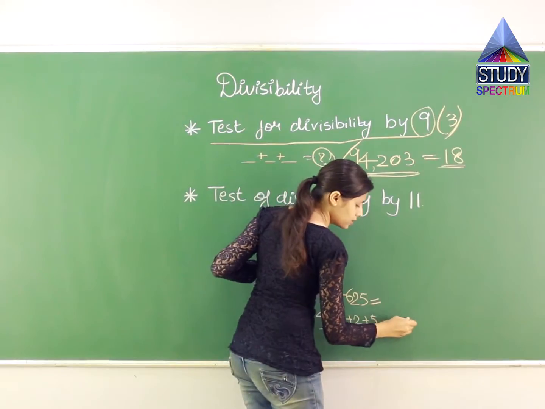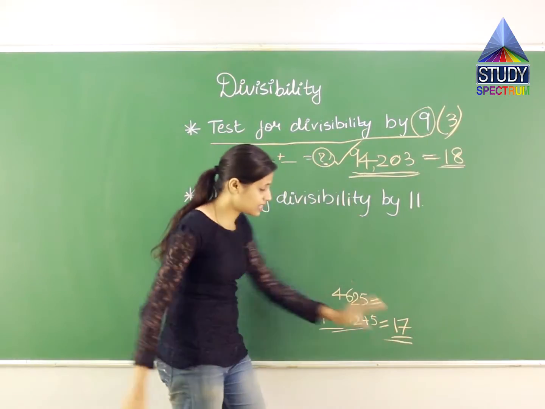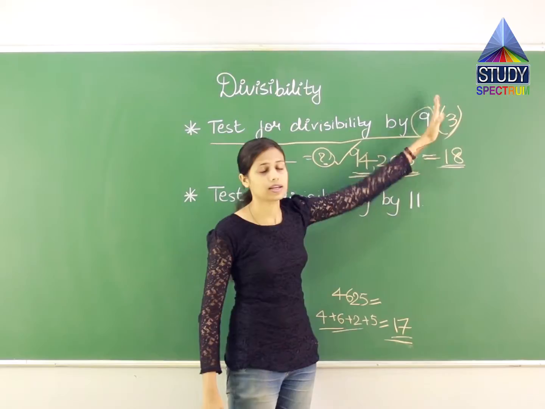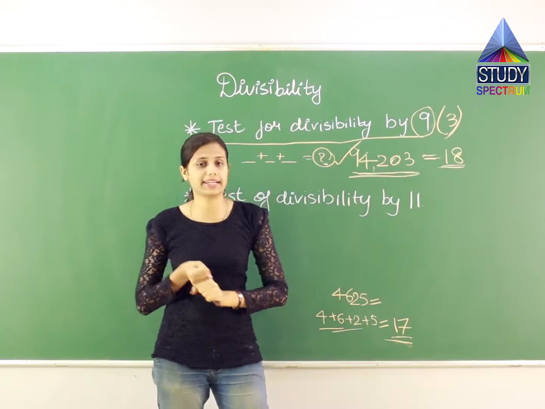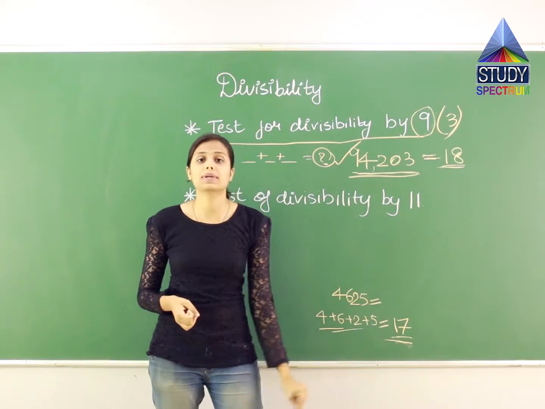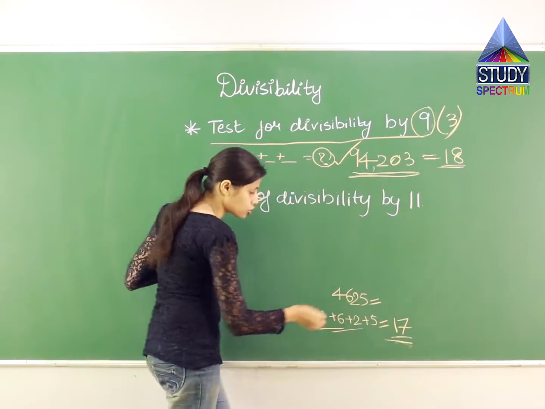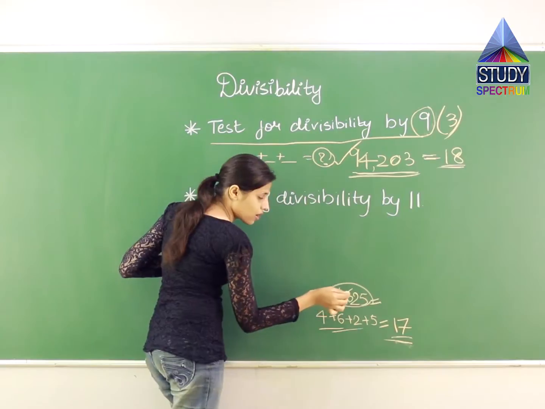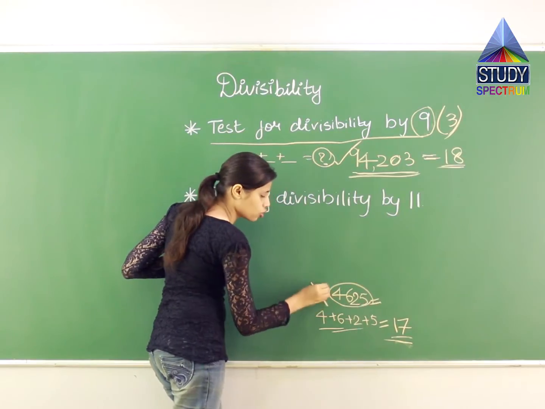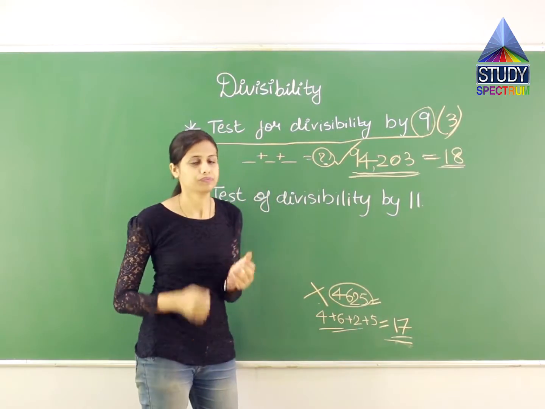So what do I get? 17 over here. Is 17 divisible by 9? 9 ones are 9, 9 twos are 18. Nowhere do I get 17. Means 17 is not divisible by 9. So I can say that this whole number, that is 4625, is not divisible by 9.